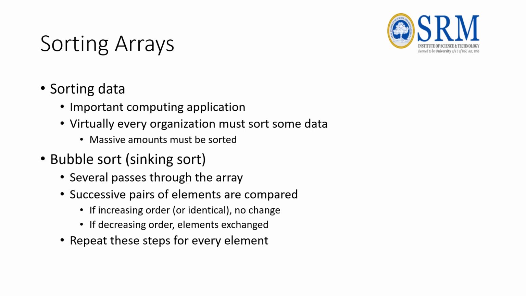Coming to the next topic, now we know how to declare the array and initialize the array, and we can also use some functions to work with these arrays. In these functions we have also seen how to pass an array to the function, whether by call by value or call by reference. The next important topic in array is sort.